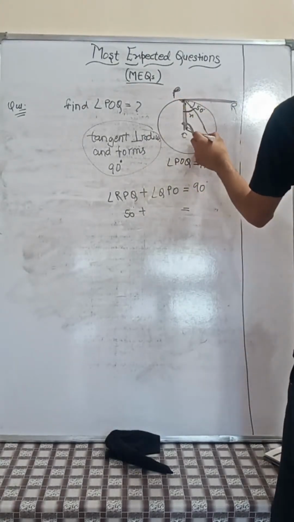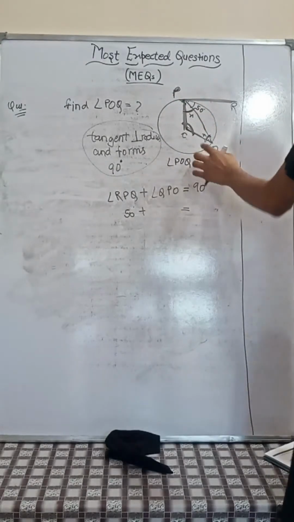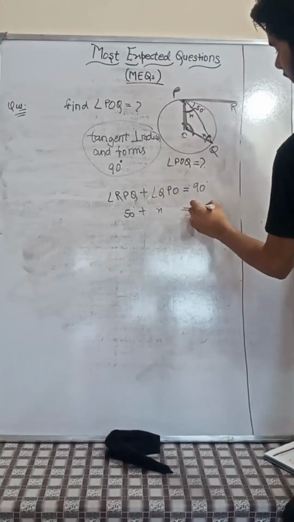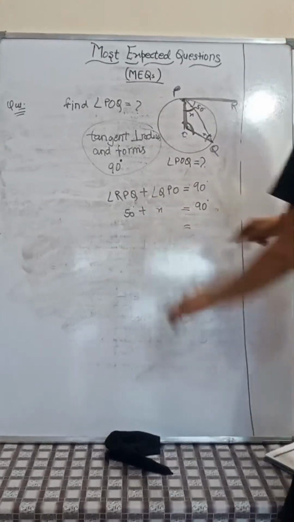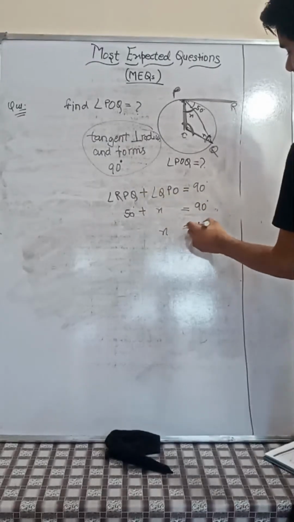This is also x because the angles opposite to the radius sides are equal. So x equals 90 minus 50, that is 40.